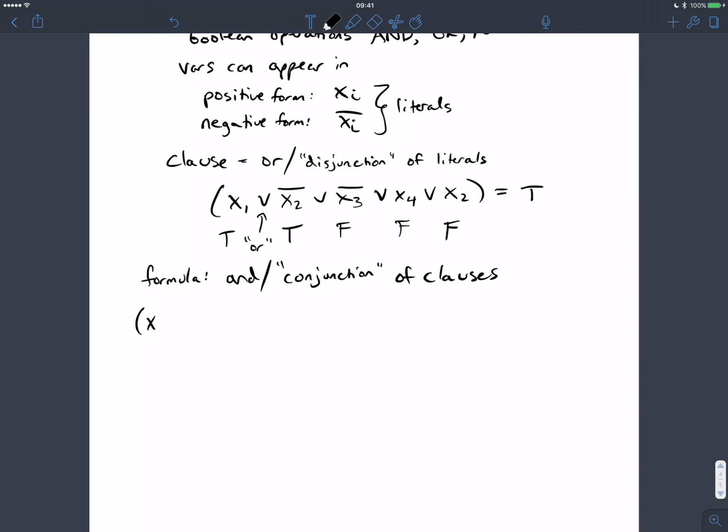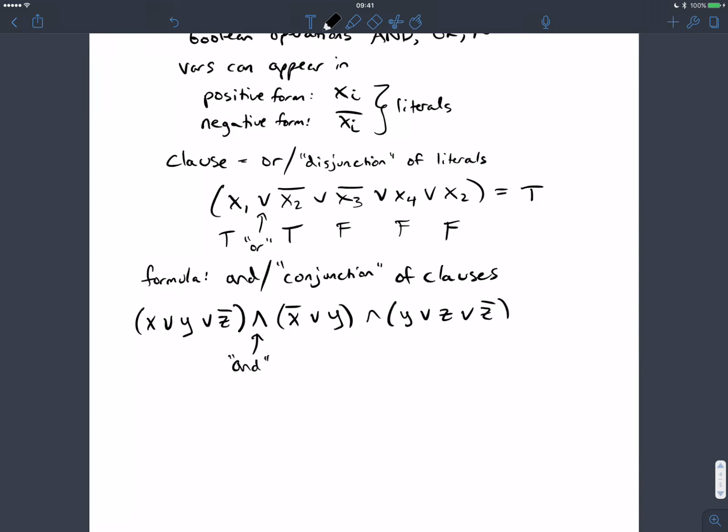So if I have x or y or not z, and, so this wedge right here is AND. Let's say x bar or y, and think of a good example. y or z or z bar.